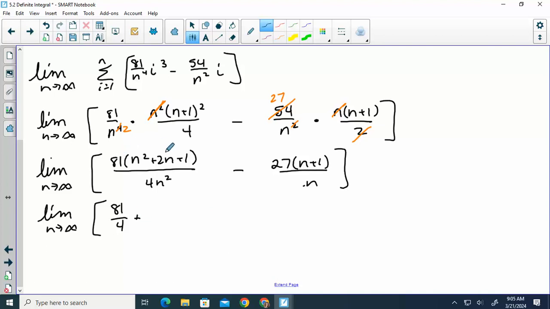So 162n over 4n squared would be 81 over 2n. It's 81 over 4n squared. If I distribute negative 27, negative 27n over n is negative 27, minus 27 over n.